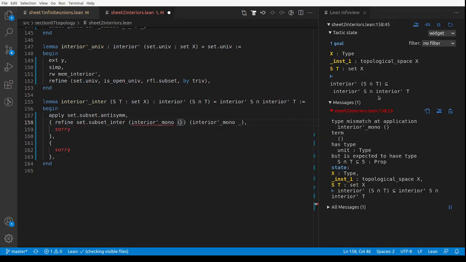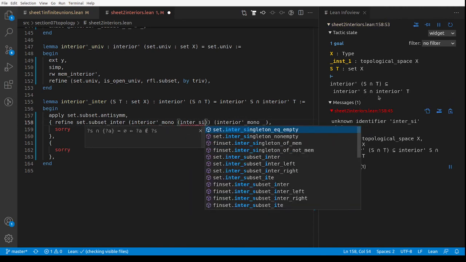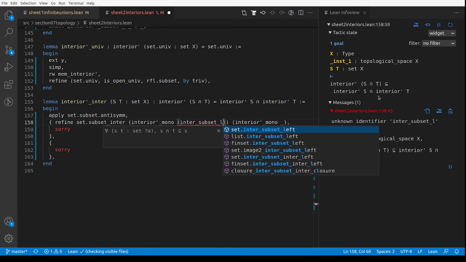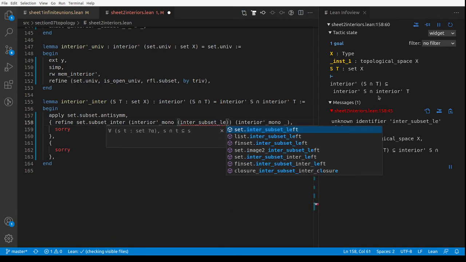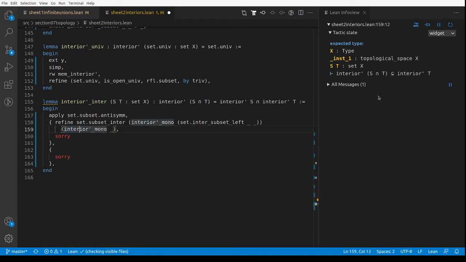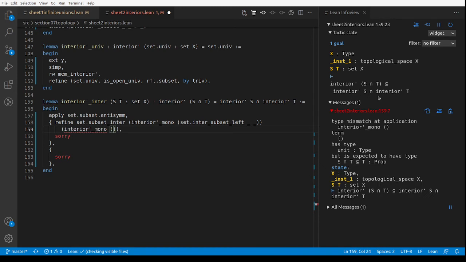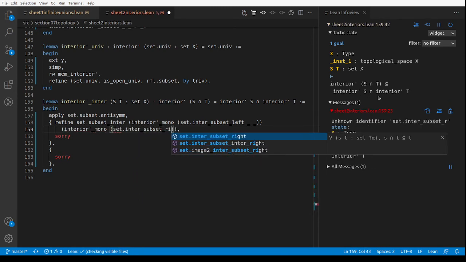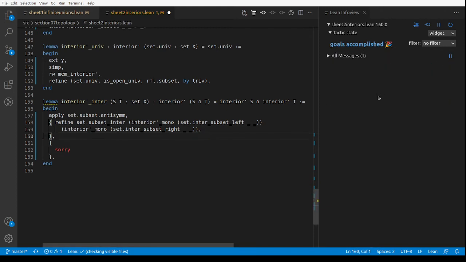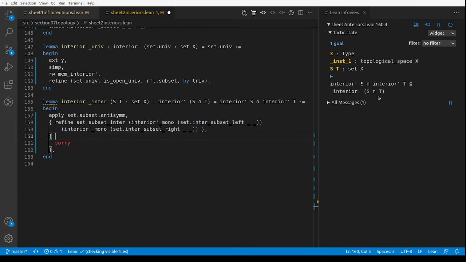I better put it in brackets, inter subset left. Oh, it's called set.intersubset left, and it wants the sets. So there we go. And now this will be set.intersubset right, and it's S and T. So that's one half.